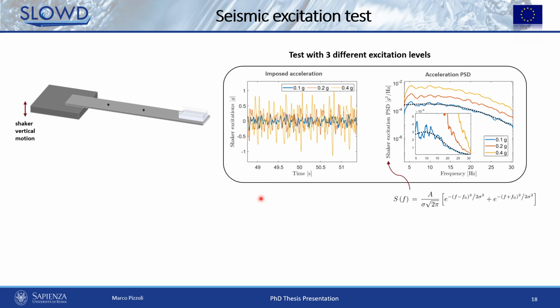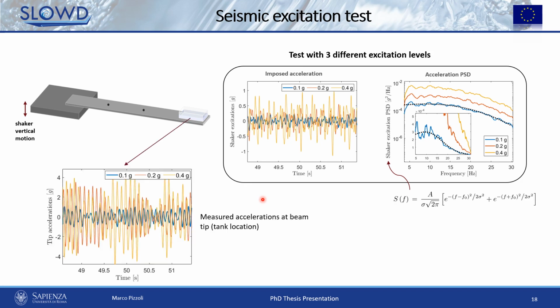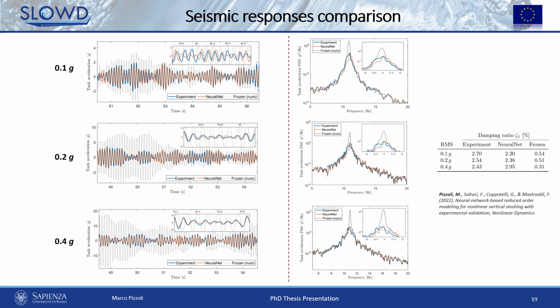And the experimentally measured acceleration at the tank location is used to validate the behavior of the network for this loading case as well. So specifically, the results for each of the excitation levels are shown here, both in time on the left and in terms of power spectral density on the right, so in frequency.